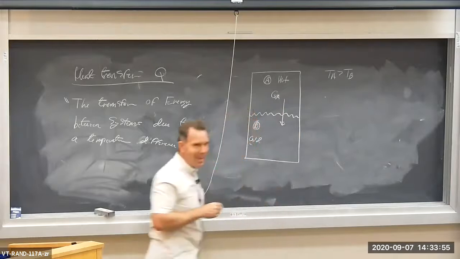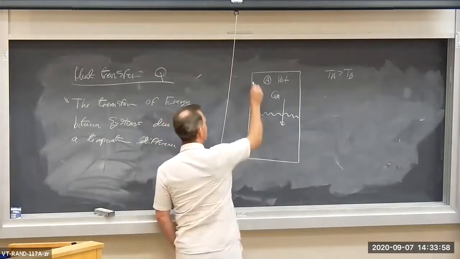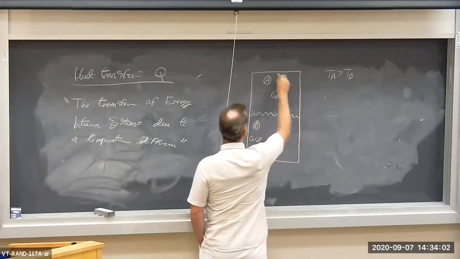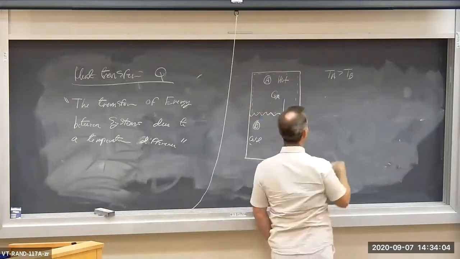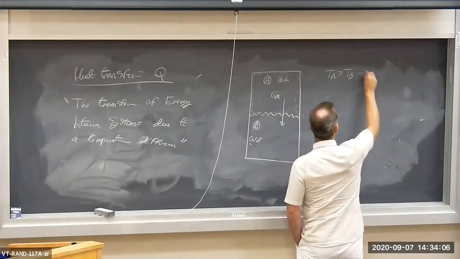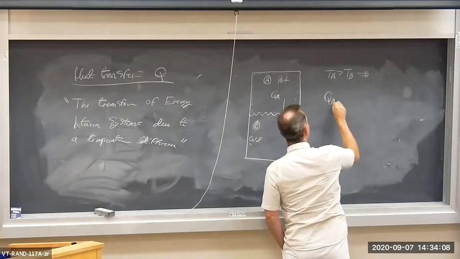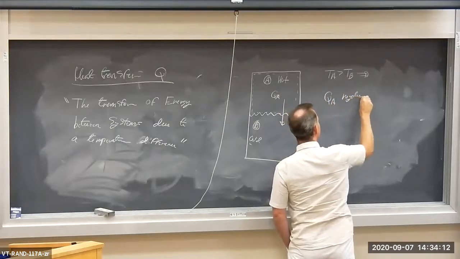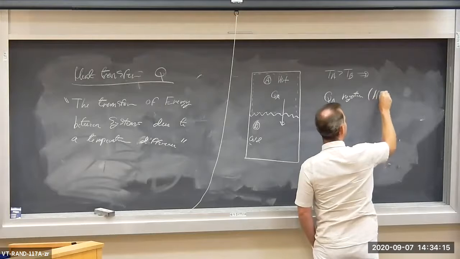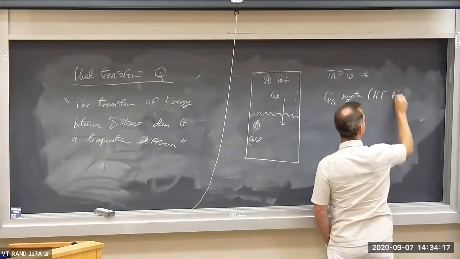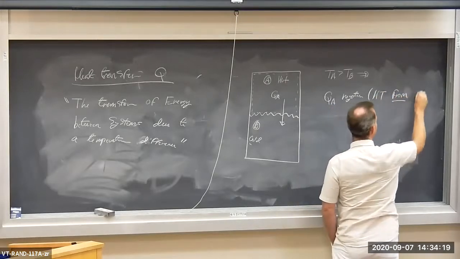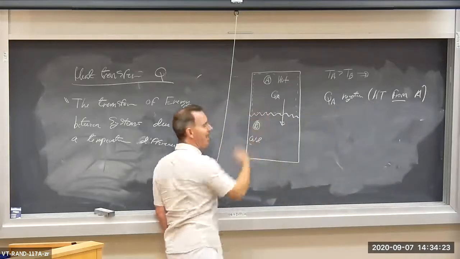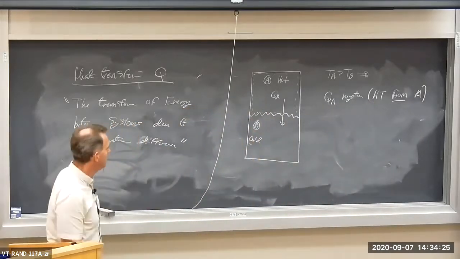And as far as system A is concerned, A is the hot bar, so QA is negative. Energy is flowing from A to B because A is hot, okay?